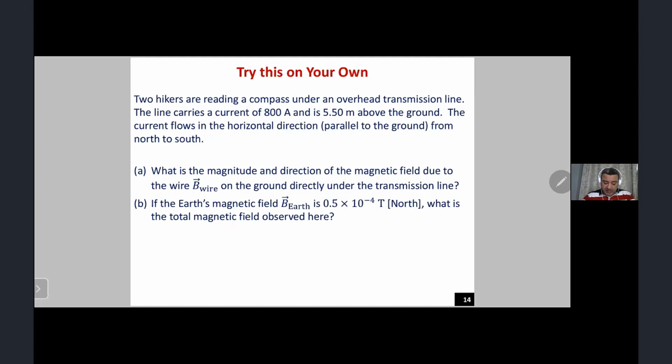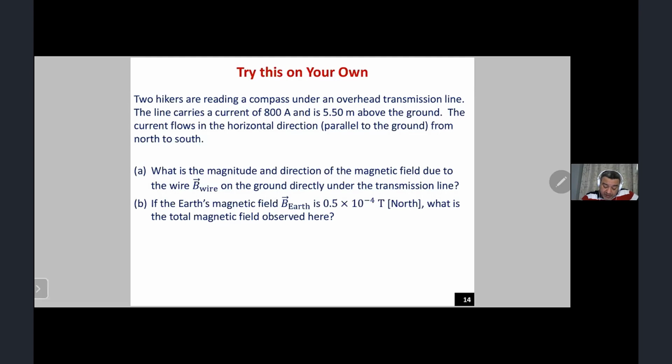Now, let's solve this problem. We have here two hikers reading a compass under an overhead transmission line. So we have a transmission line, a wire, an infinite wire, that carries a current of 800 ampere at a height of 5.5 meter above the ground.